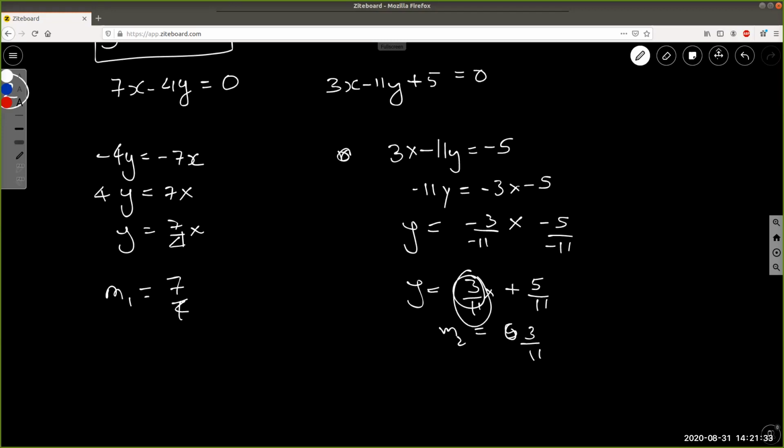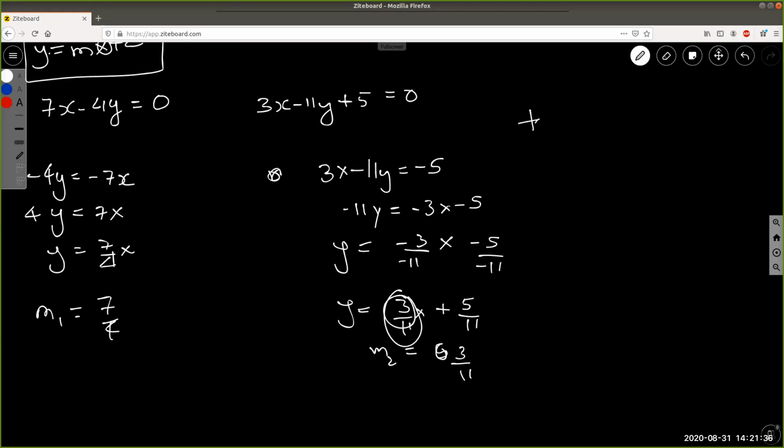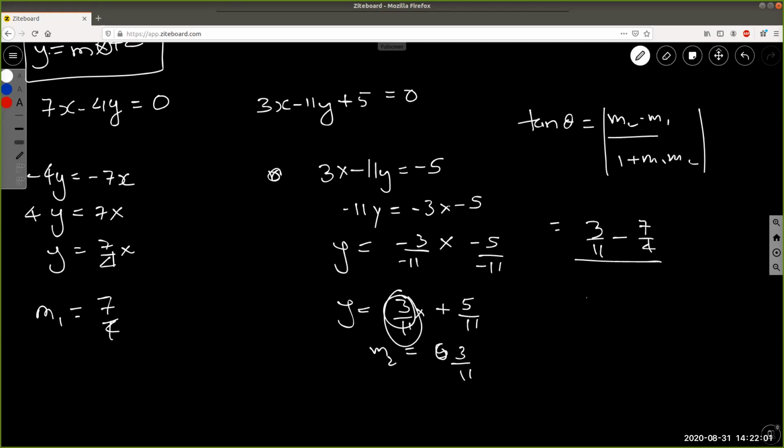What is the formula? Tan theta is equal to m2 minus m1 upon 1 plus m1 m2. Yes, this one will have mod. So m2 is 3 by 11 minus 7 by 4, whole upon 1 plus 7 by 4 into 3 by 11.